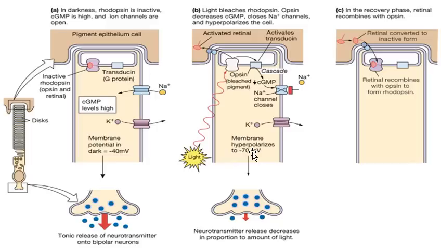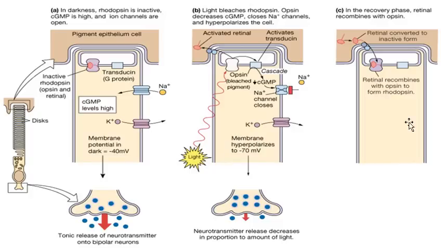The membrane hyperpolarizes to about negative 70 millivolts. And the neurotransmitter release will decrease in proportion to the amount of light. So if there is a lot of light, you will find an increase in hyperpolarization. And if there's little light, there's not much hyperpolarization taking place.